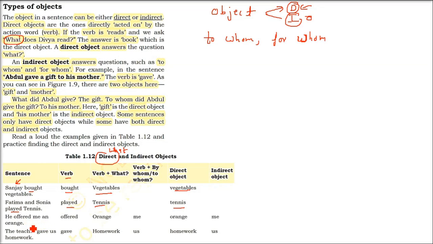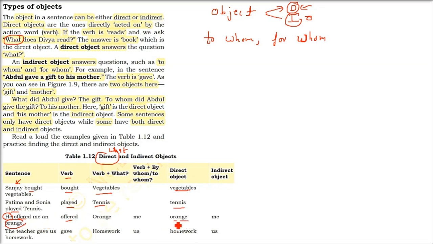Coming to third. He offered me an orange. He is the subject. Offered means he tried to give me or he proposed me. Now offered is verb. Now the question comes verb plus what? Offered what? That will be your direct object. Offered orange. This is the direct object.